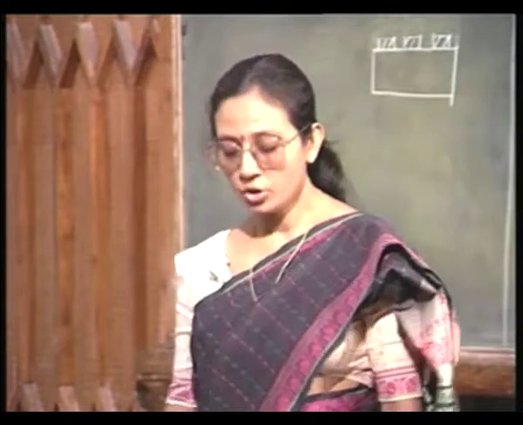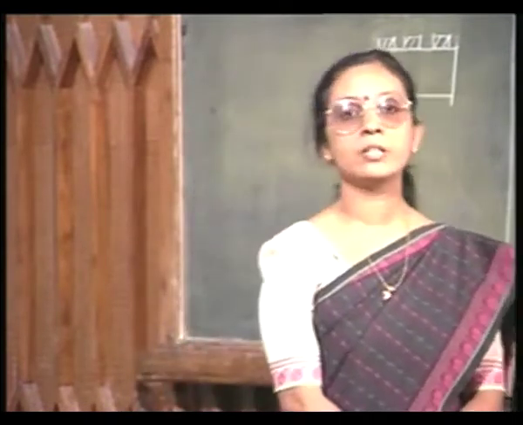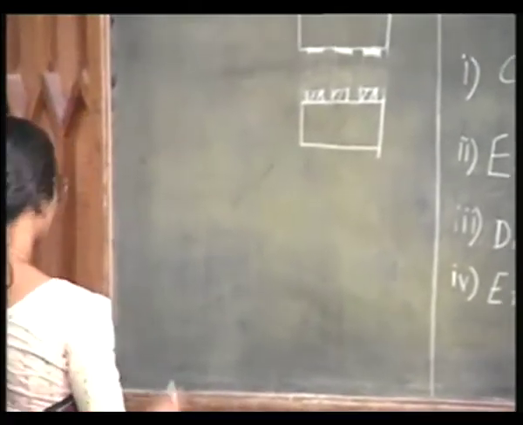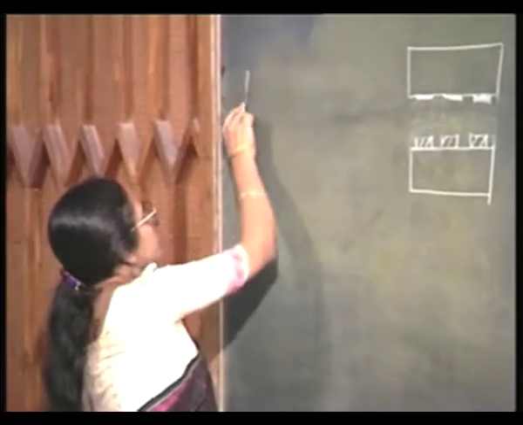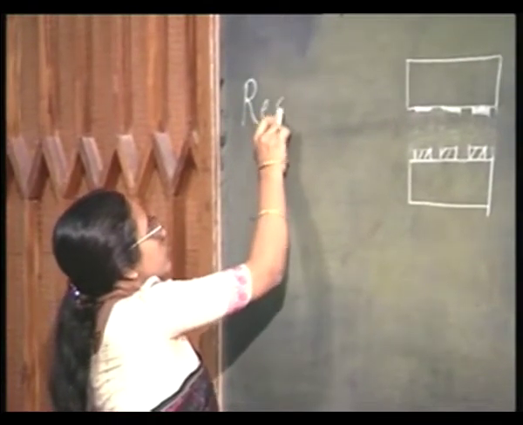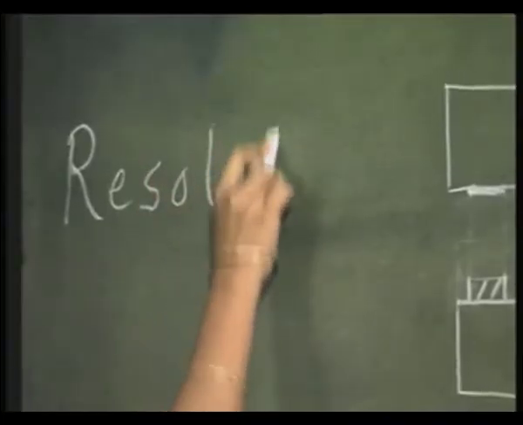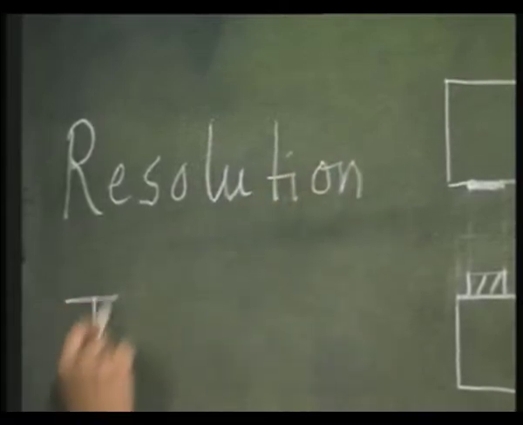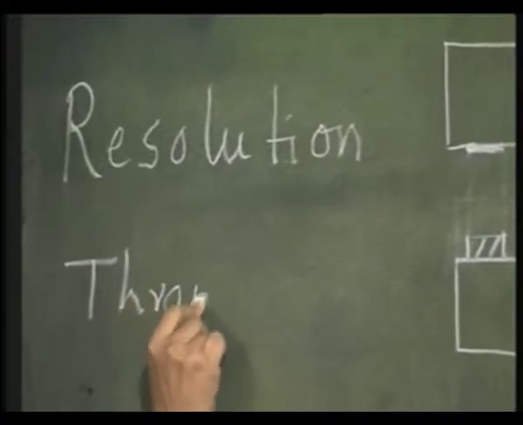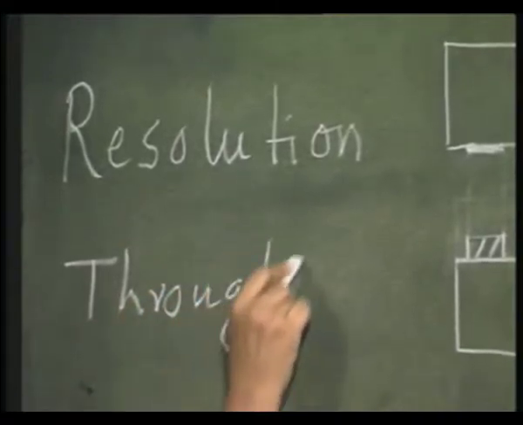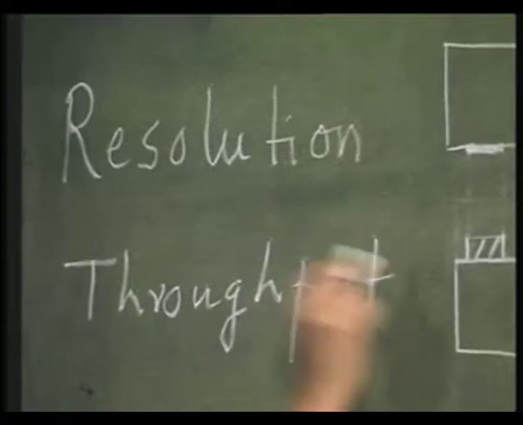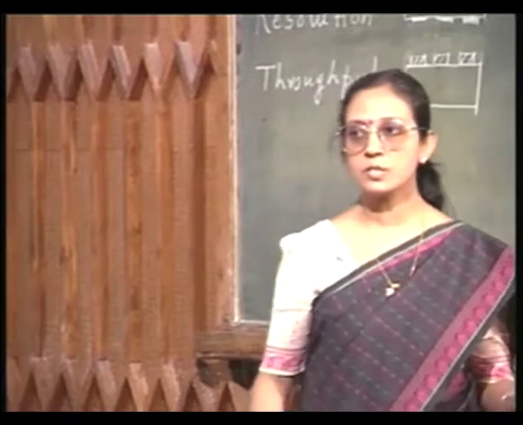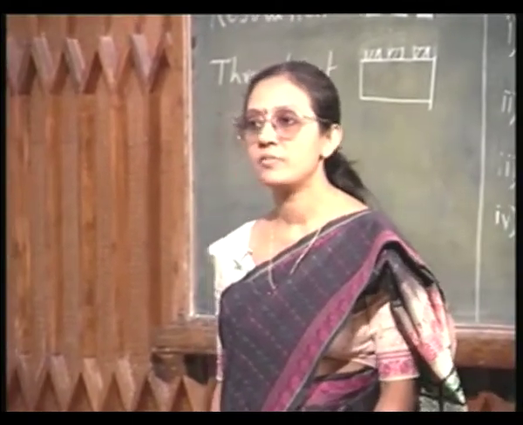So, the 2 main figures of merit in a lithographic process are its resolution and its throughput. Resolution obviously means what is the minimum feature size.